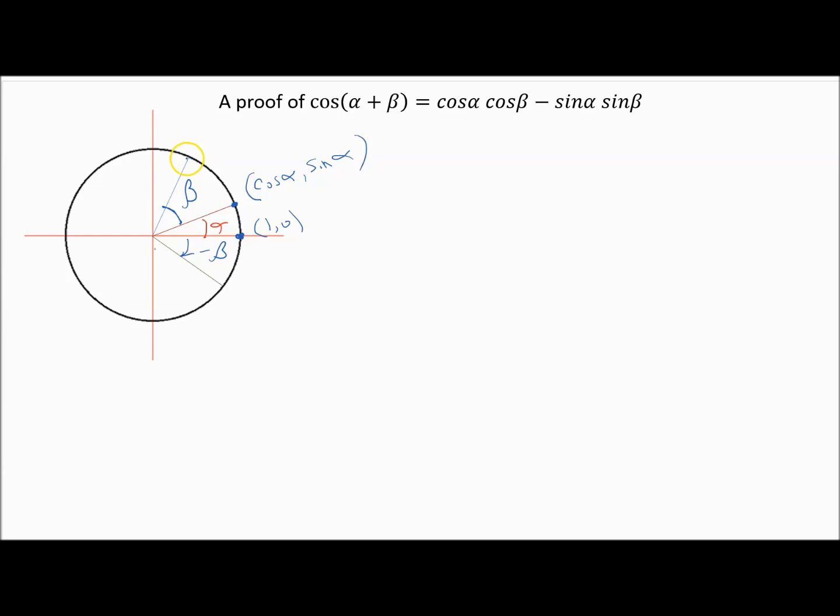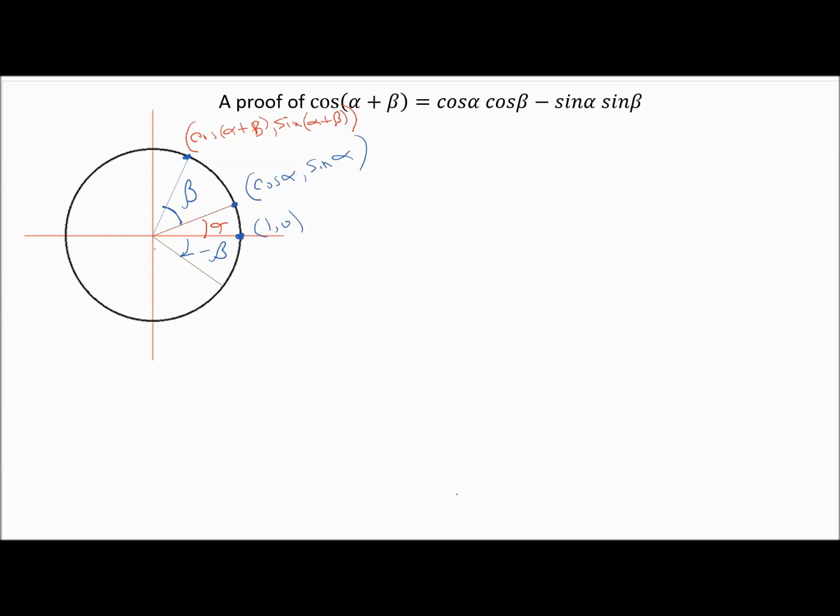Now let's label this point right here, and I think I'm going to label this one in red. All right? So now, this is the terminal side, not of beta, right? This is the terminal side of this entire angle because you have to start your angle in standard position. So if I go from here all the way to there, that x value is going to be the cosine of alpha plus beta, and the y value is going to be the sine of alpha plus beta.